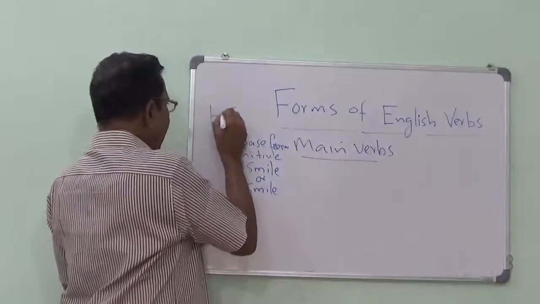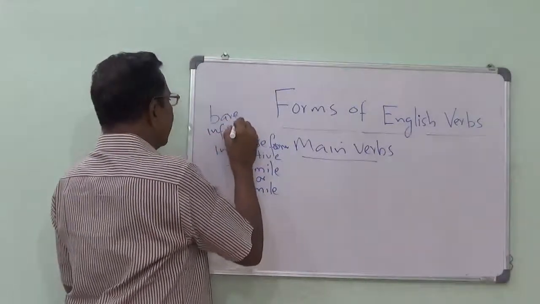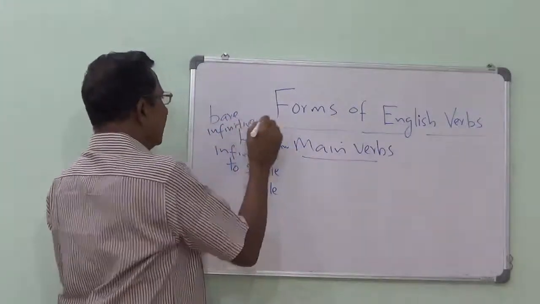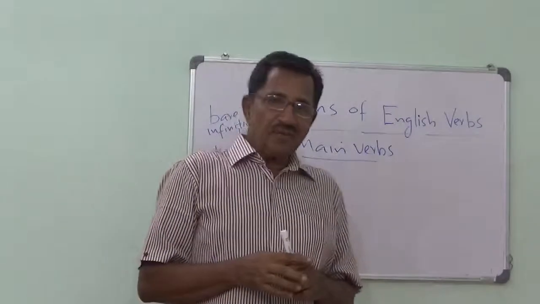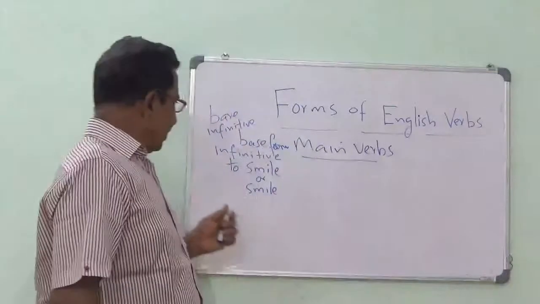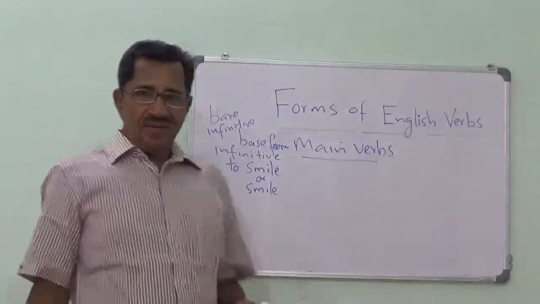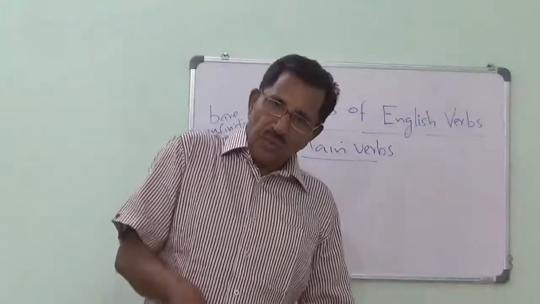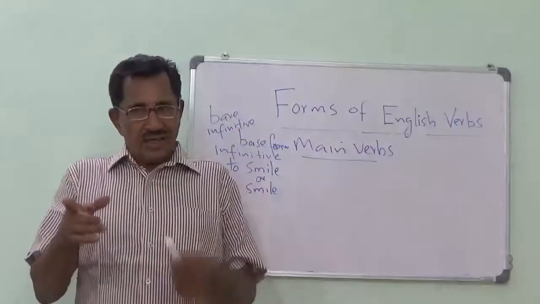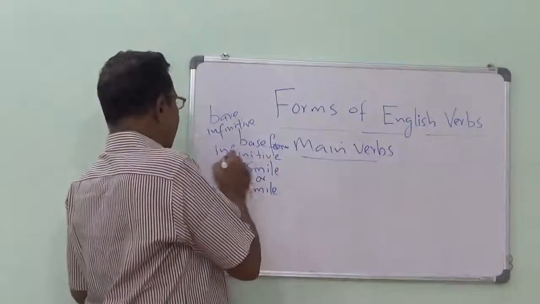Bare, B-A-R-E. Bare means, the simple meaning of bare is naked. Without anything. See, without this to. Understand? To smile or smile. Can be with to or without to. Is that clear to you? That is the first form of the verb.